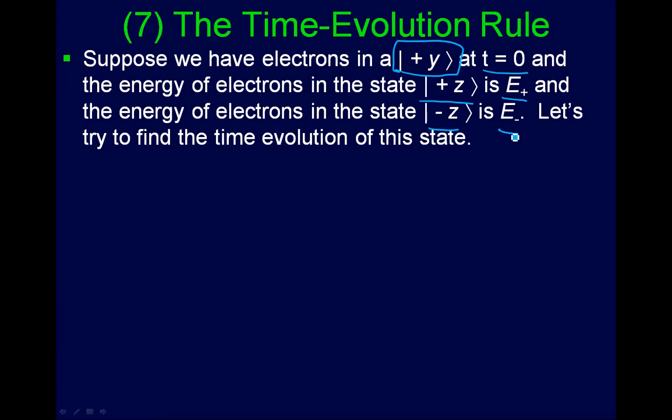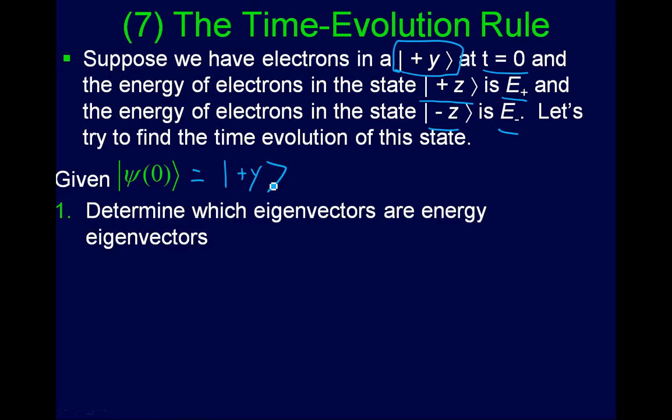In this problem we're trying to find the time evolution of this state. Our steps, we're going to go through them again. We're given the initial vector. Here our initial vector at time 0 we're told is the positive y vector. The first step is to determine which eigenvectors are the energy eigenvectors. In our particular case, those would be the positive z and the negative z.